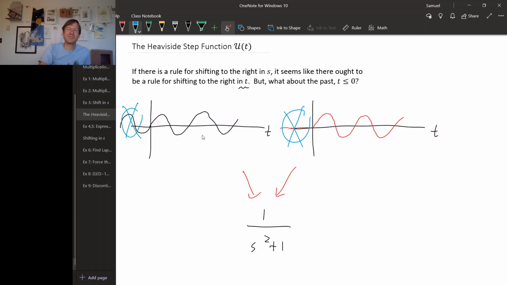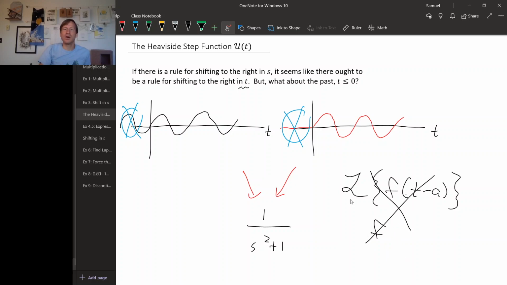So we can't really expect there to be a nice rule for the Laplace transform of just a shifted function like this, because what you get for the Laplace transform actually depends on what happens in the past of the function f. So this just isn't going to happen. What we need is some way to chop off the past of the function if we're going to shift it.